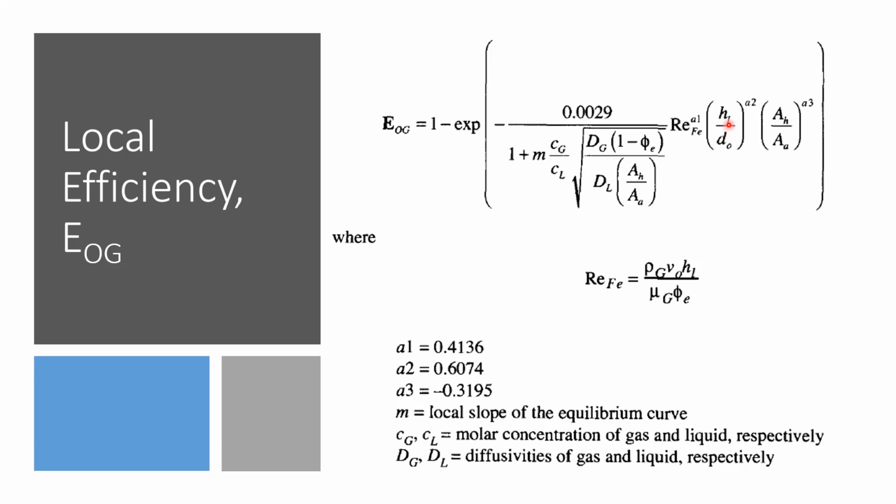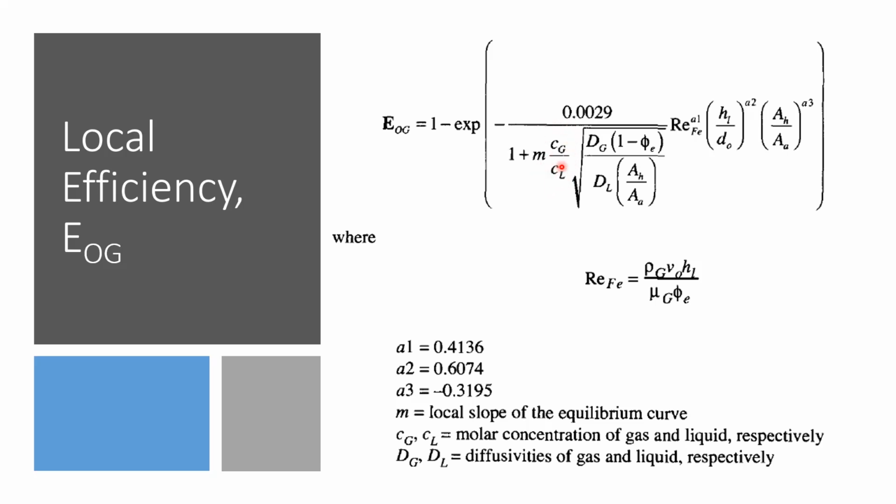Then we have again HL, which we know what it is, D naught, the hole diameter on a sieve tray, AH over AA. AH is the total area of all the holes, and AA is the active area. And in here we have M, which is Henry's constant. We have Cg and Cl, the concentration of the gas stream and the concentration of the liquid stream at that specific point.